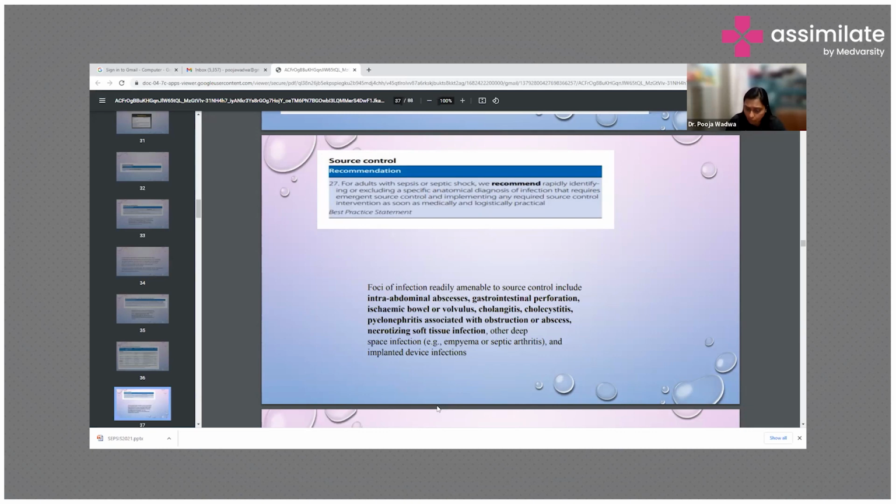So all these infections in the abdomen or in deep spaces, these sources should be readily controlled by drainage, operating, pigtails, anything, whatever you feel is safe in your patient or what is recommended.